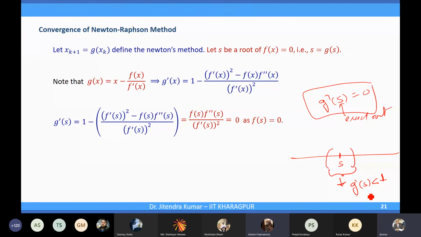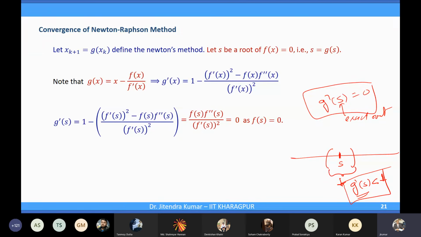Yeah, because g prime is continuous, then definitely you will get an interval, because it cannot happen that as you leave s the function will suddenly have value 100. That cannot happen, right? It will continuously move. So always around this s there will be an interval where g prime will be less than 1.